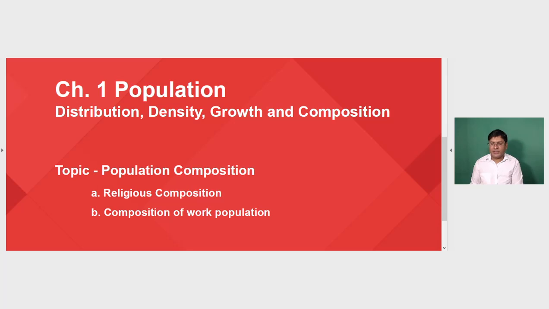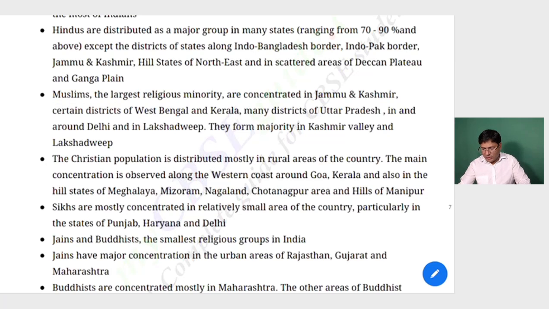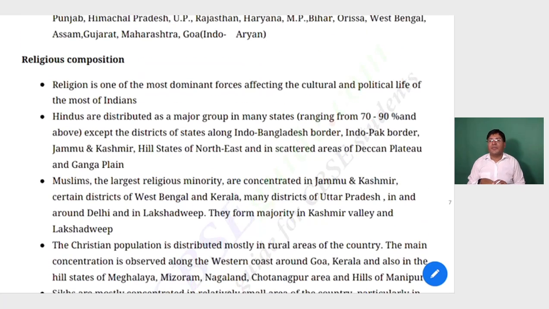Means if we take examples, some states are Christian populated, some are Muslim populated, and then there are some Hindu populated. So based on the religion, we are going to study the composition in this chapter. So first there is the composition based on the religion.